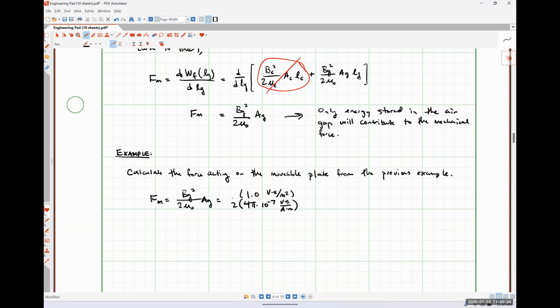Our area was 30.25 centimeters squared times 1 meter over 100 centimeters, quantity squared. And this comes out to be 1,203.609 newtons per air gap.